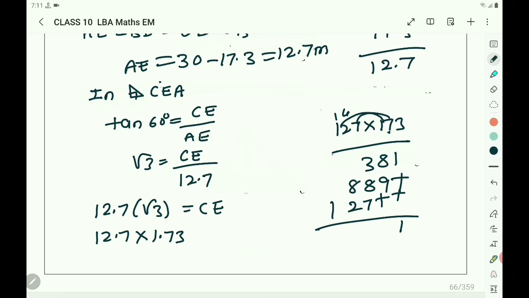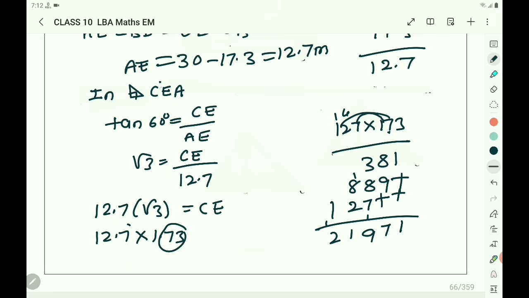Then adding, 8 plus 9, 17. Then 3 plus 8 plus 7 is 18, plus 1 is 19, carry 1. 9 plus 2, 11. Carry 1, 2. You got 21971.